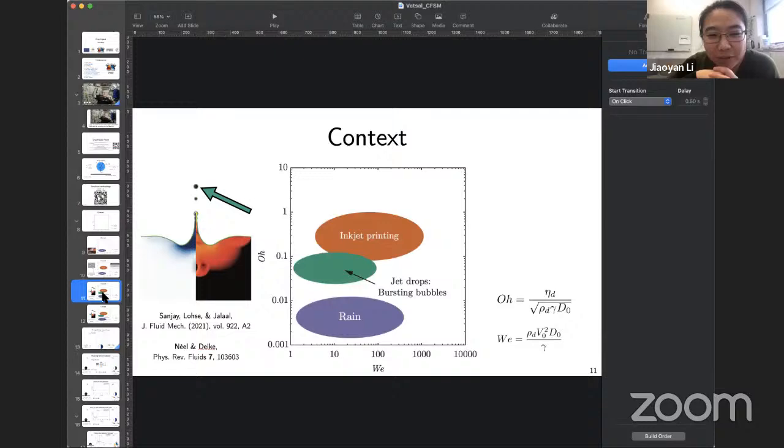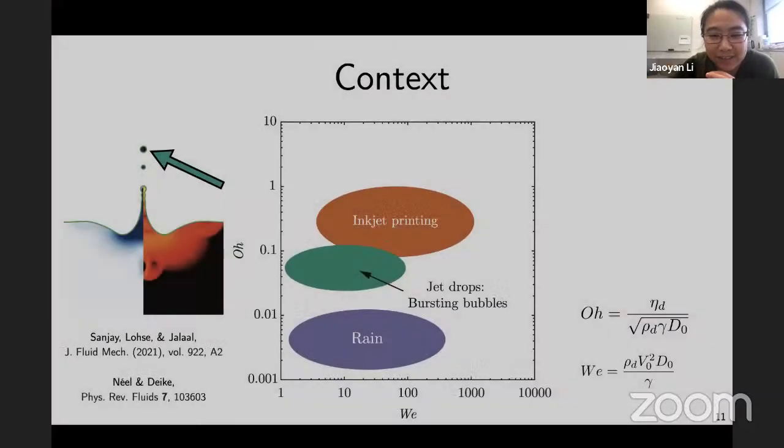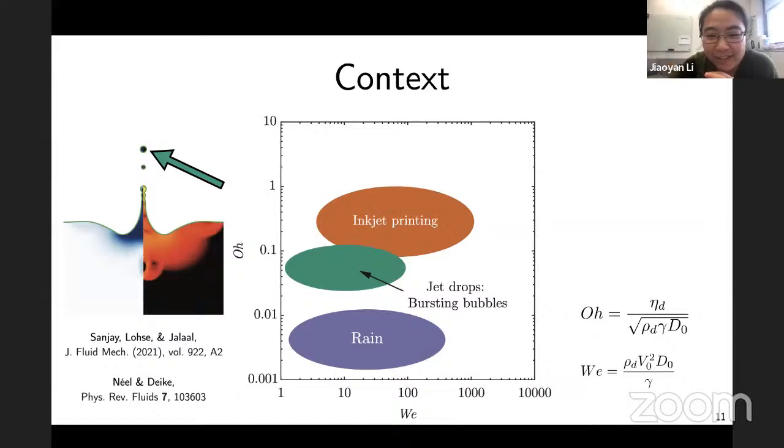I'm just wondering, if we further push the limit of your study, say currently you are studying the bursting bubble for your current system, and we want to use some fluid like for inkjet printing, what might be different between the two scenarios?